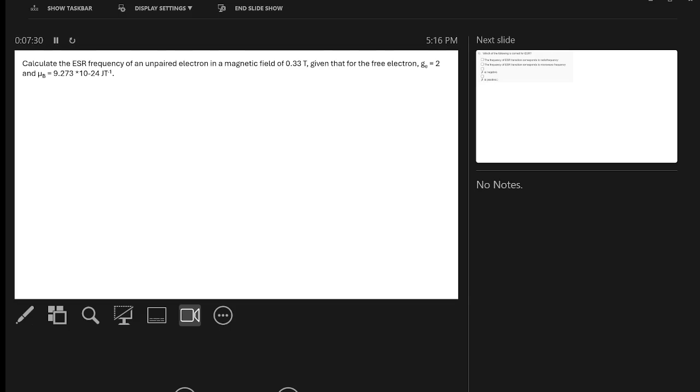In the first slide the frequency expression was nu equal to g_e mu_B B divided by h, where B is the magnetic field. Now everything is given. You just substitute the values.